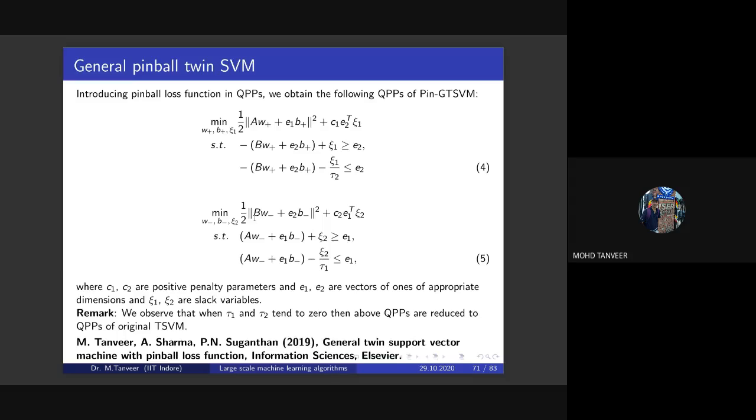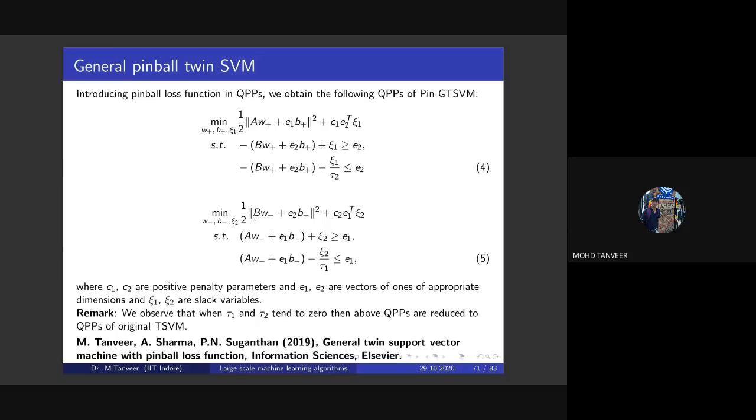So essentially what happens in 4 and 5, they reduce to the original formulation if tau 1 and tau 2 go towards 0. And we are stopping the issues of noise using this constraint, with this tau 1 and tau 2.